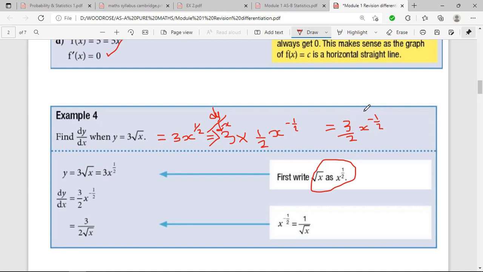If you rewrite x to the power of minus half, you get 3 all over 2, then you take this negative downwards and it will be x to the power of half. We remove the negative by taking x downwards. And what do we know? X to the power of half is square root. So this will be our final answer.